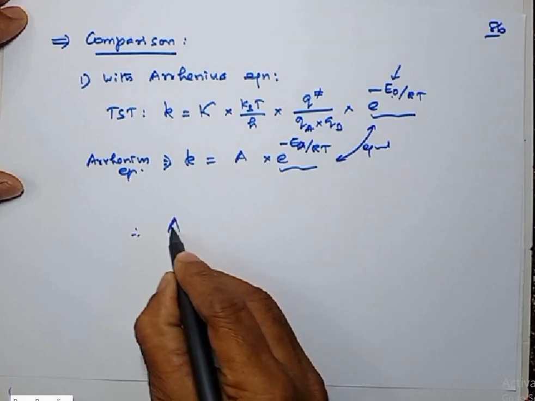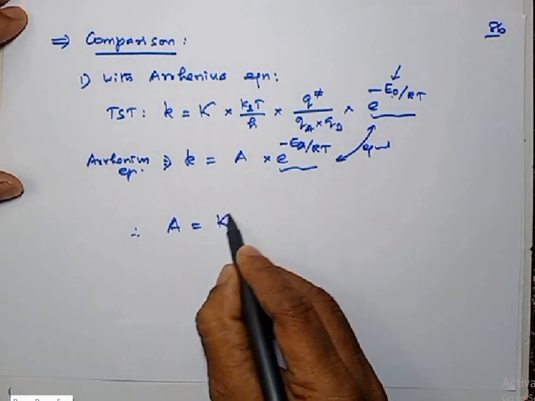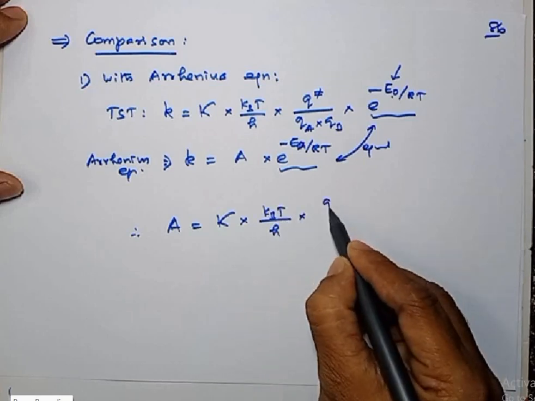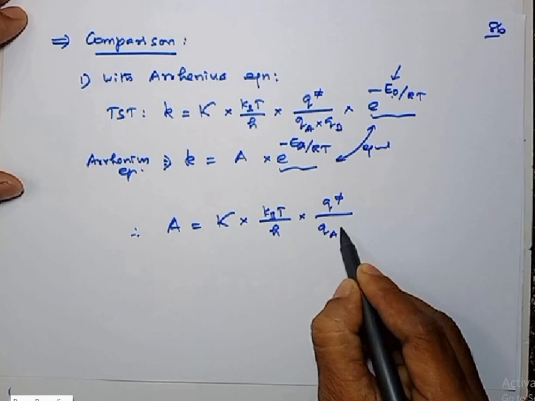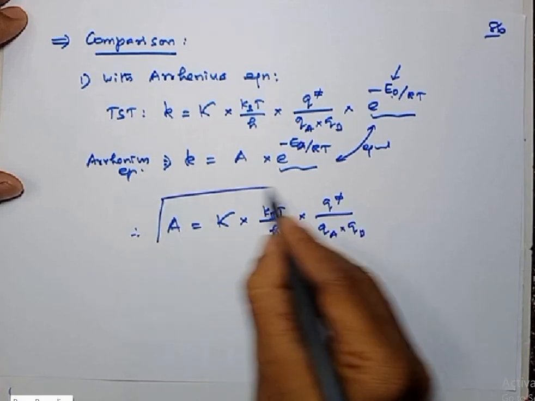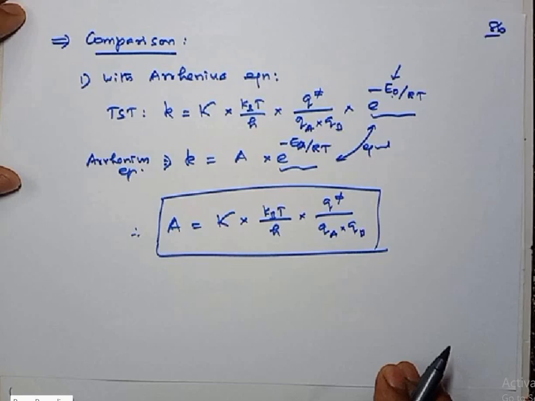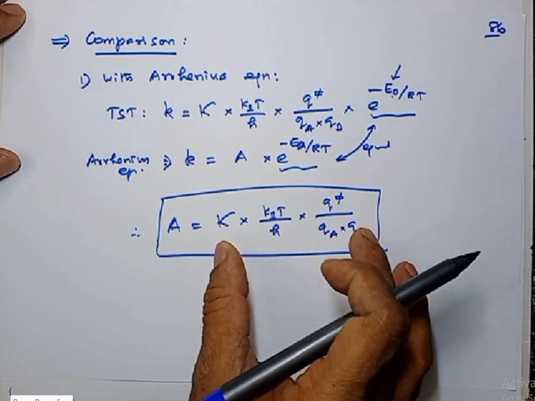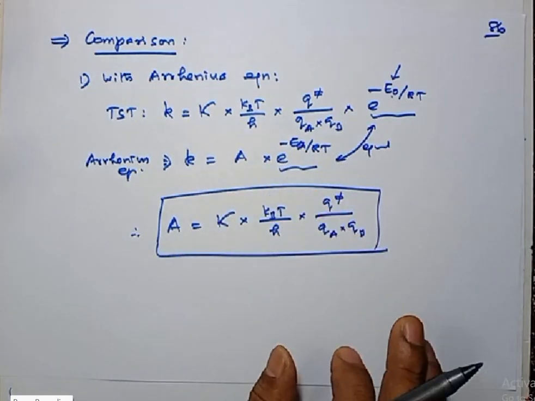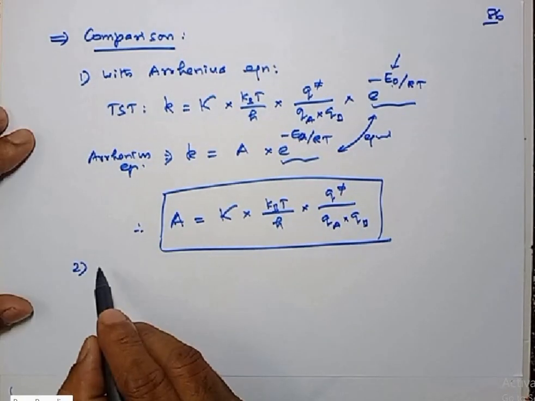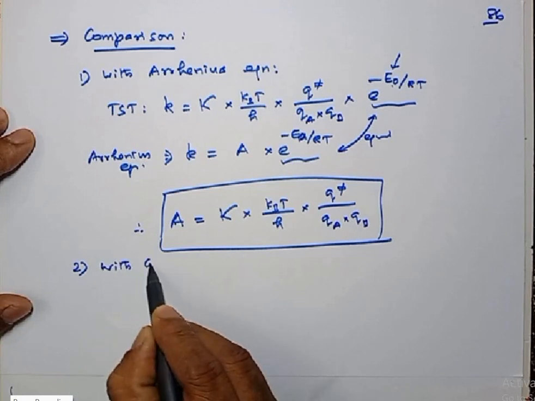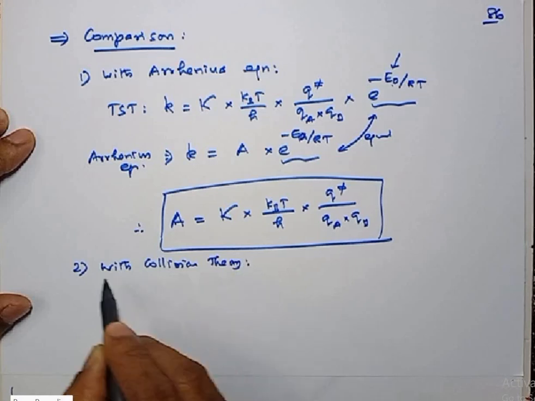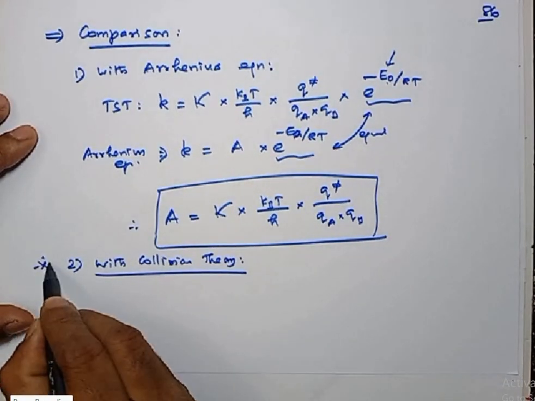So remember, the pre-exponential factor A is equal to the transmission coefficient into kBT by h into Q double dagger by QA into QB. Take note, this is the pre-exponential factor A, and this is how it is related to the partition function, from transition state theory. Next, how to compare this with the collision theory. This is very, very important. Try to keep this in mind. Both are very, very important.